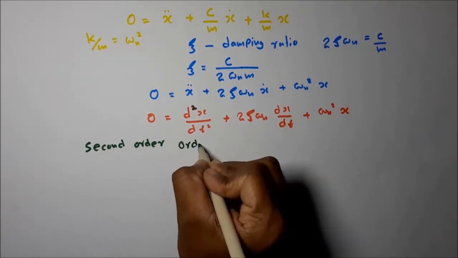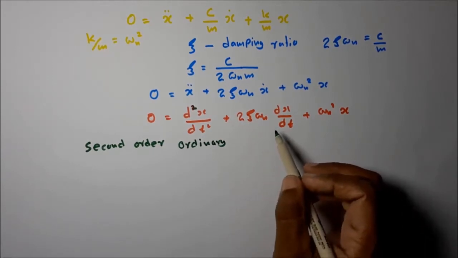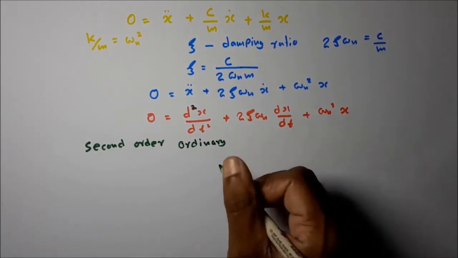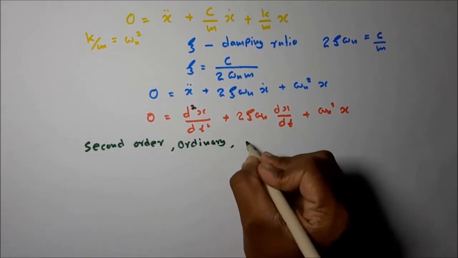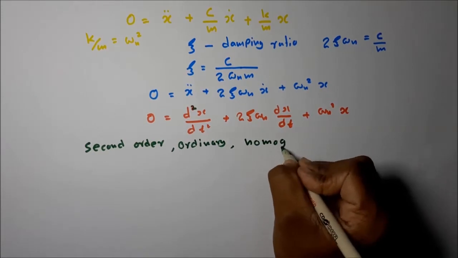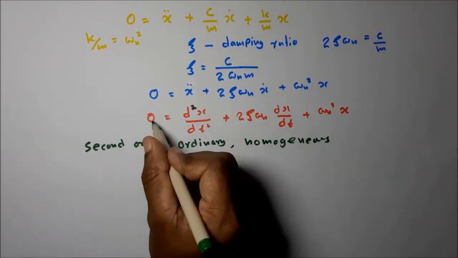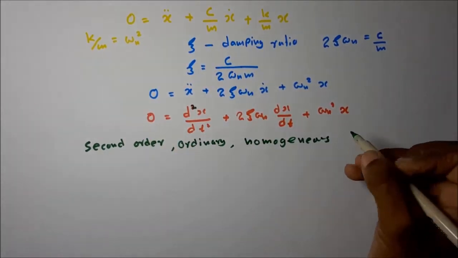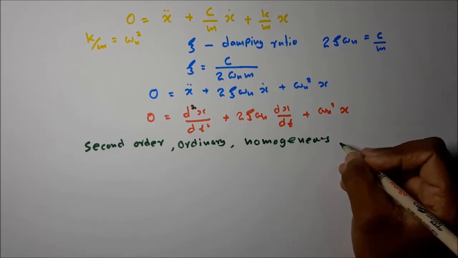Ordinary, because it is not a partial differential equation. Homogeneous, because this is equal to 0. If there were a function of x, it would be non-homogeneous.